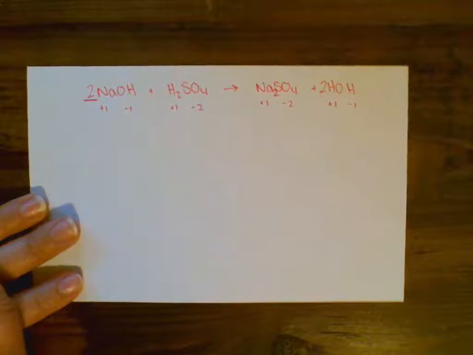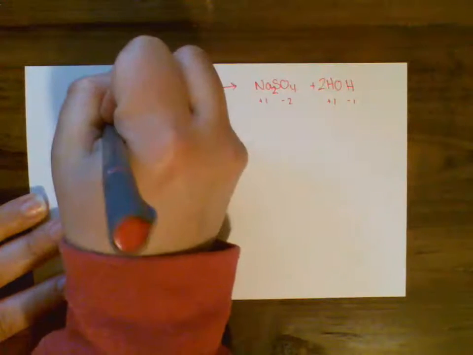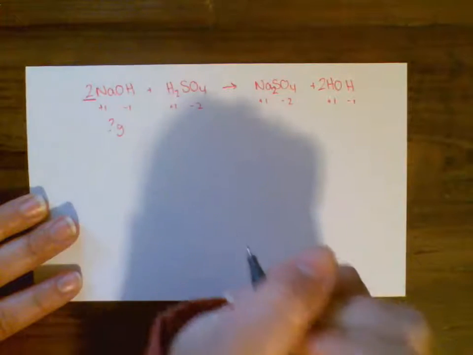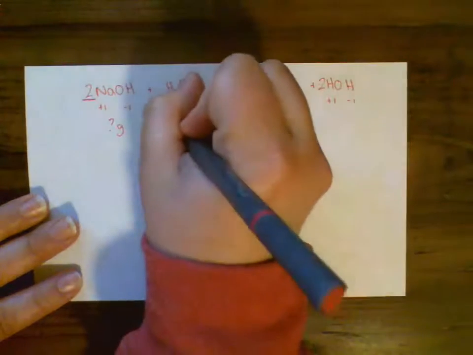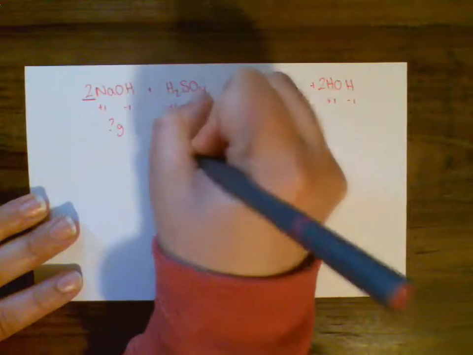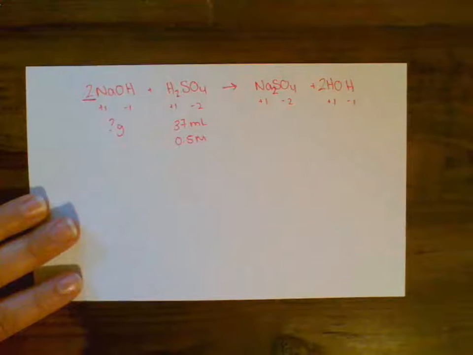So now I can go back to the question and figure out what numbers I need and what it's asking me. So it's asking me how many grams of this I will need to react with 37 milliliters of 0.5 molar H2SO4.